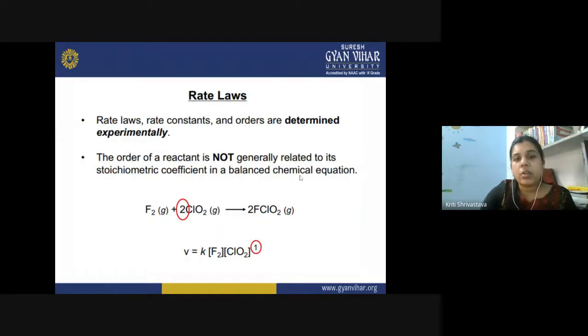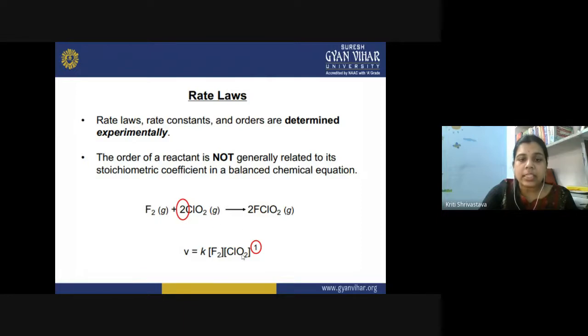In the rate laws, we have rate constants, and the orders are determined experimentally. This is very important here. When you are determining the order of the reaction, you are not taking the stoichiometric constants. The order of the reaction is not determined by the stoichiometric constant in the balanced chemical equation; rather, it is determined by experimental methods.